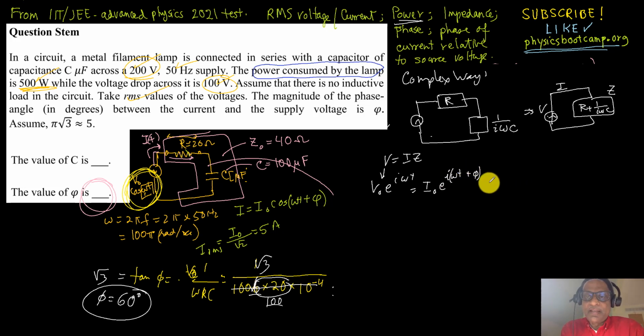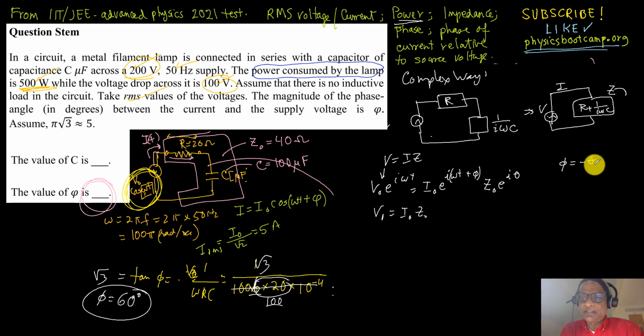And Z is Z0 e to the power i theta. So this you can write in complex. From here we use V0, I0, Z0, and omega t cancels out on both sides. So you say phi equals minus theta.